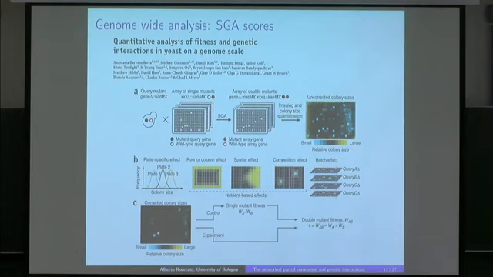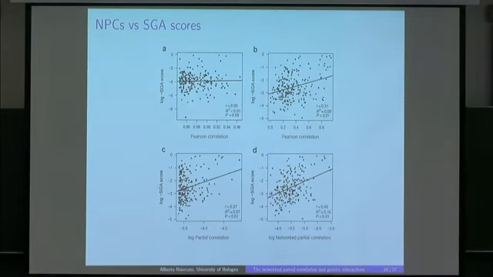In it, they checked in the lab the genetic interaction of almost every pair of genes in the yeast, and they computed a quantity called the SGA score. When this SGA score is negative and large, there is evidence of a genetic interaction. So we downloaded these SGA values and checked whether there was a possible correlation between our network partial correlations and these SGA values.